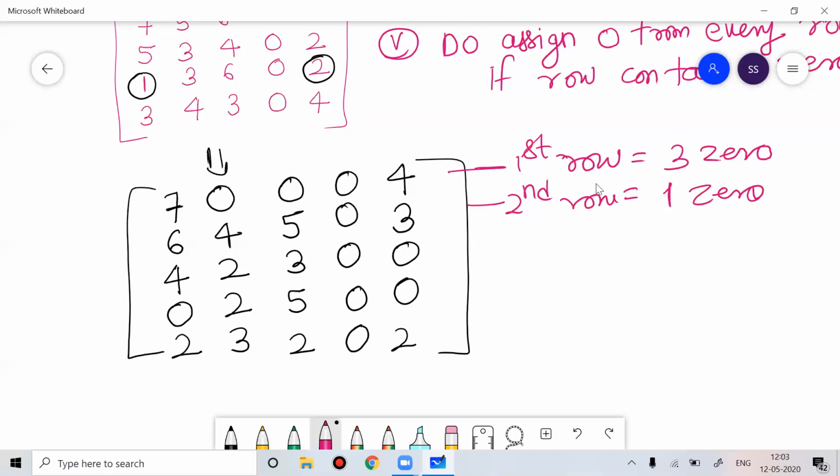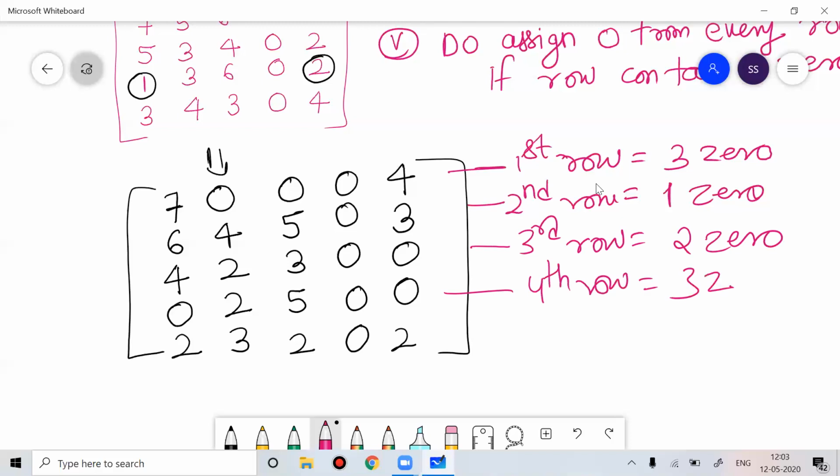Row 2 has 1 zero, row 3 has 2 zeros, row 4, the fourth row, has 3 zeros, then row 5, the fifth row, has 1 zero. So first we will do assigning row wise, then we'll do assigning column wise.